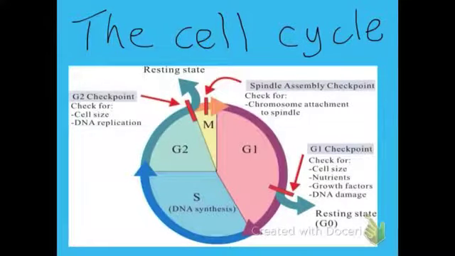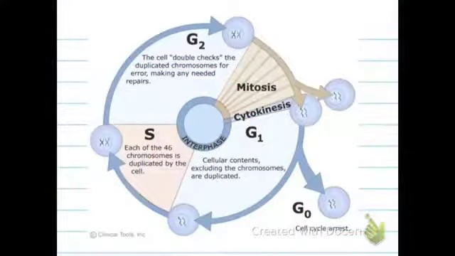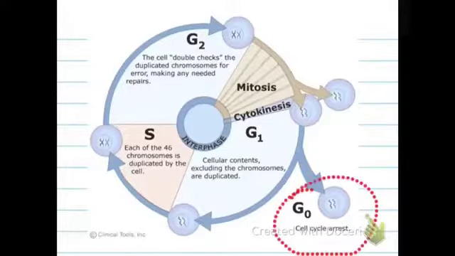Notice the cell cycle has 2 checkpoints as well as a resting phase. Study this diagram carefully. It shows all the stages of the cell cycle, and it includes this G0 phase where cells can step out and rest.